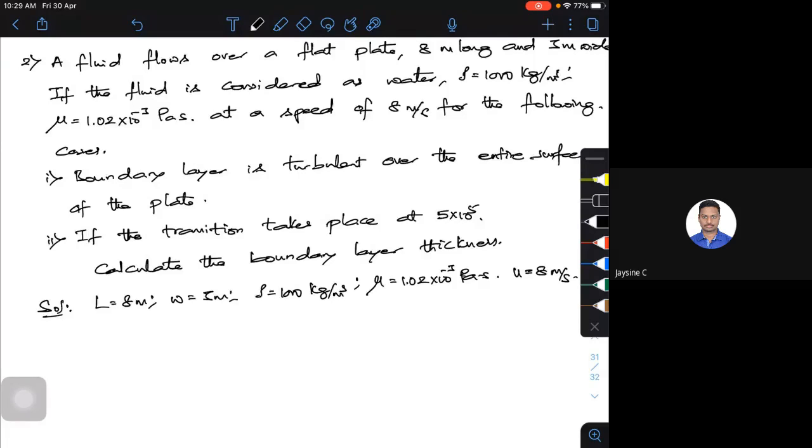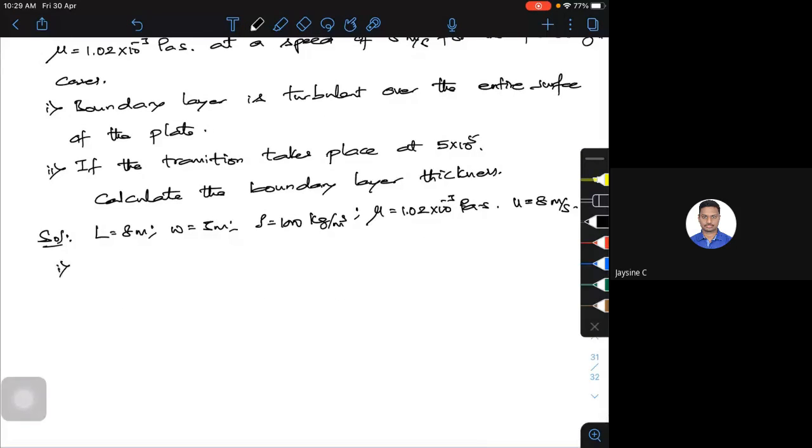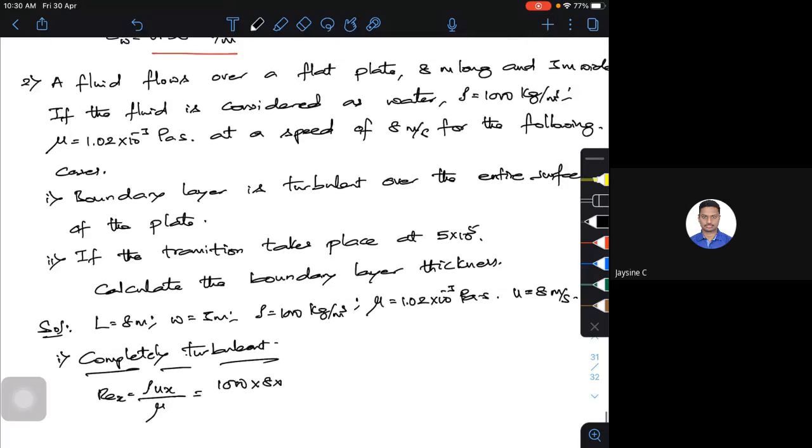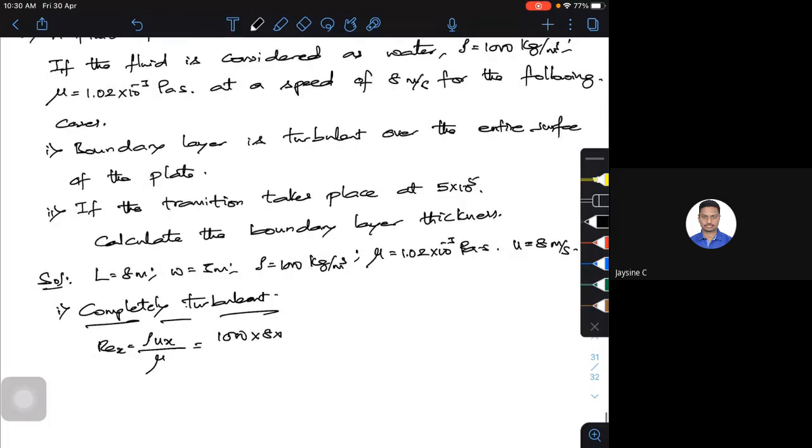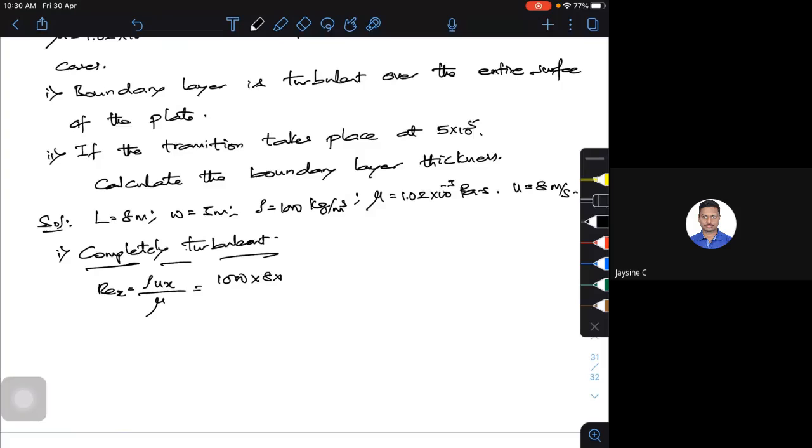So what you have to do: the first case is completely turbulent. The first thing you are supposed to find is the Reynolds number. Re_x is equal to rho U x by mu. So rho is 1000, U is 8 meters per second, and x is for the entire length, so I take it as 8 meters, divided by 1.02 × 10 to the power of minus 3.